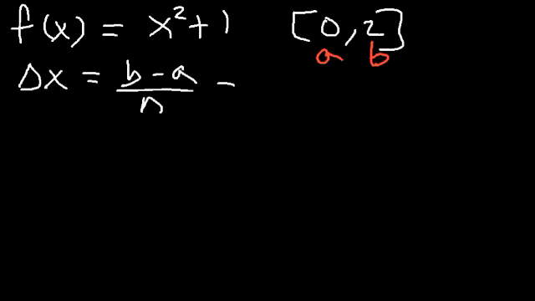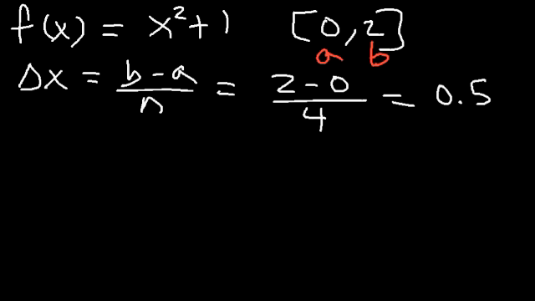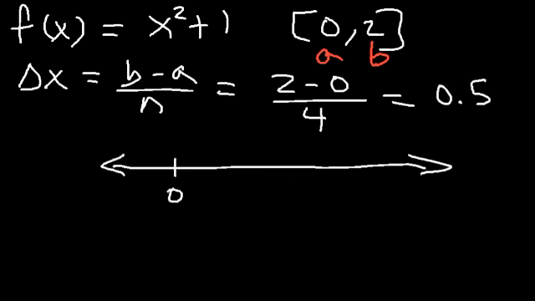So in this particular problem, b is 2, a is 0, divided by 4. So 2 over 4 is 1/2, or 0.5. That's the width of each rectangle. Now, if you want to find the area using the left endpoints, make a number line from 0 to 2.